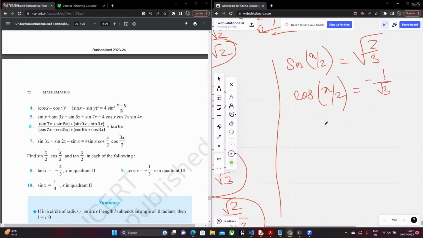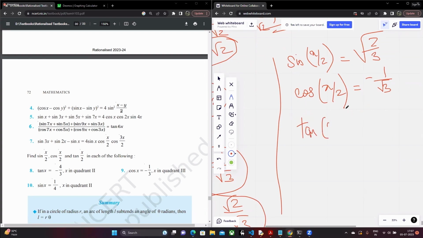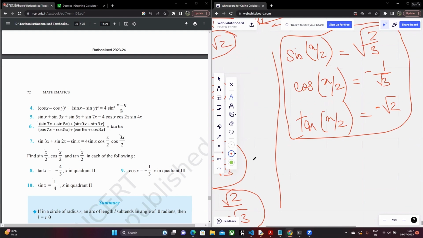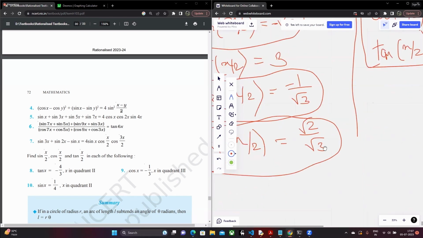And tan of x by 2 is equal to minus square root of 2. Thus, you finish question number 9. Finally, go to question number 10.